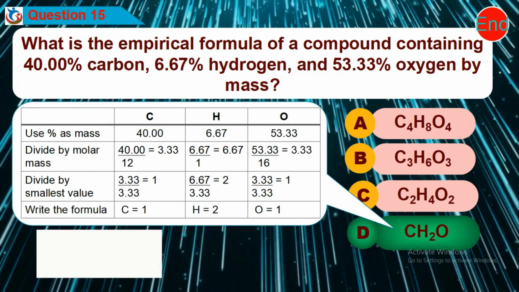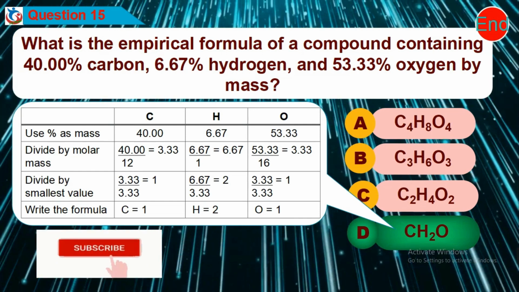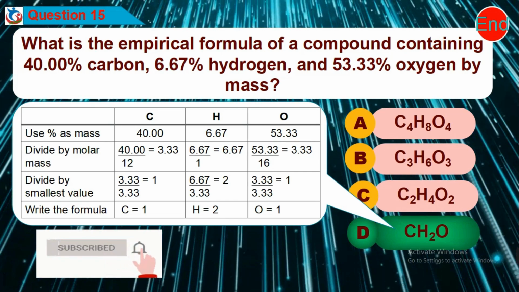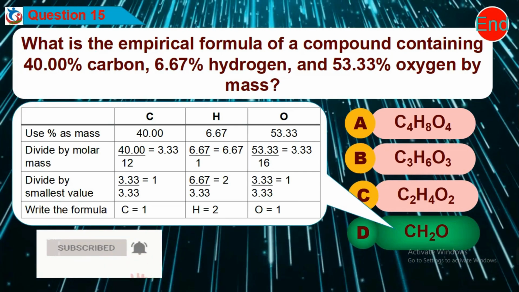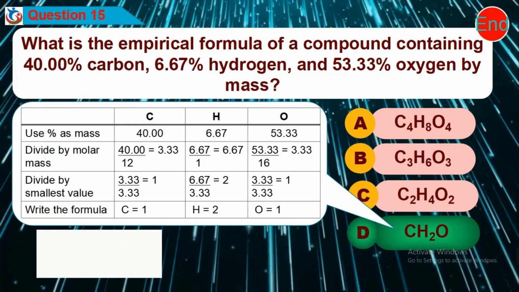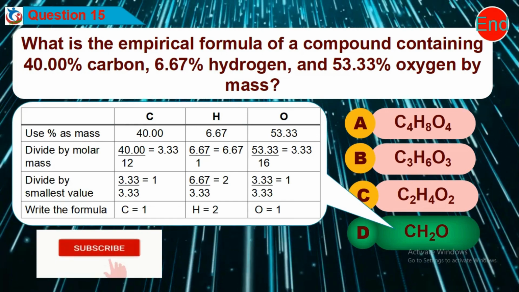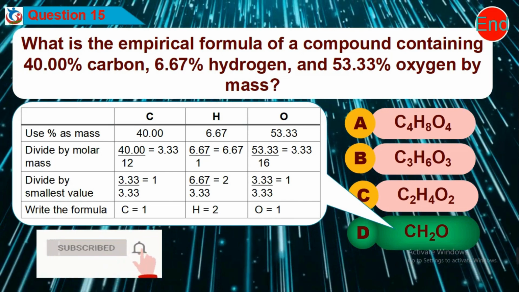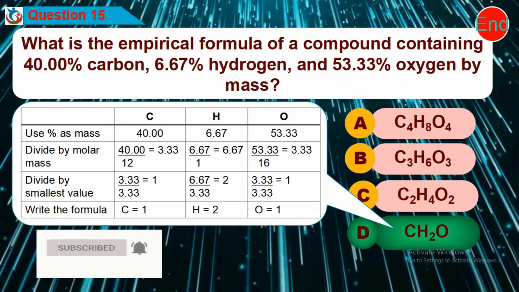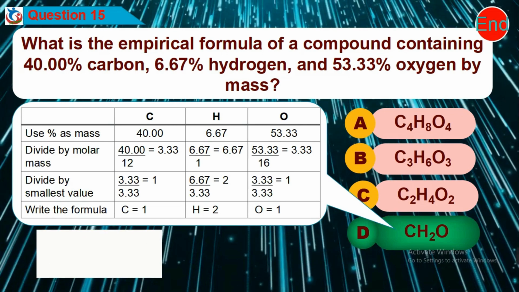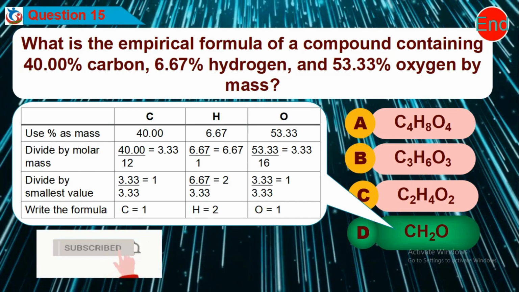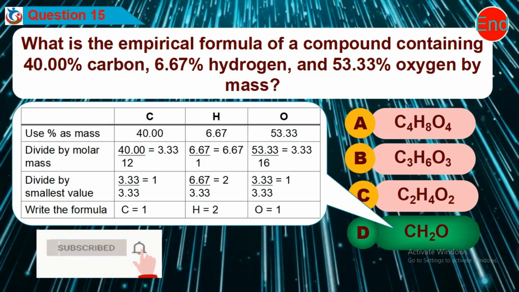So after your division, carbon is 3.33, hydrogen is 6.67, and oxygen is 3.33. The next step is to divide by the smallest value, which is what? 3.33. So after division, carbon is 1, hydrogen is 2, and oxygen is 1. So with this, we can now write our empirical formula as CH2O.